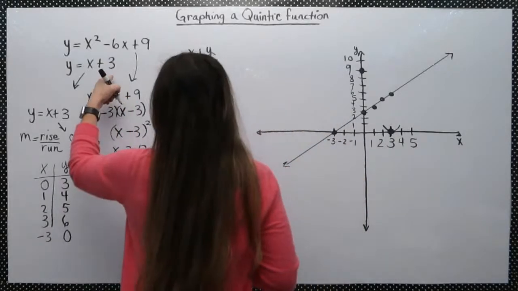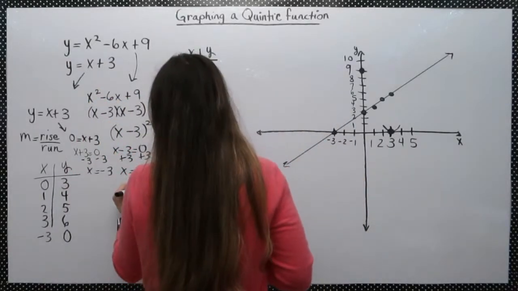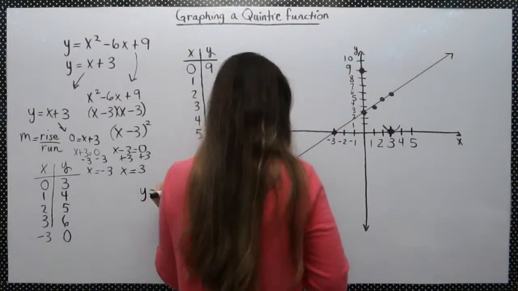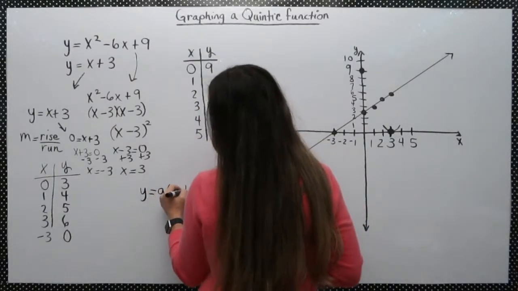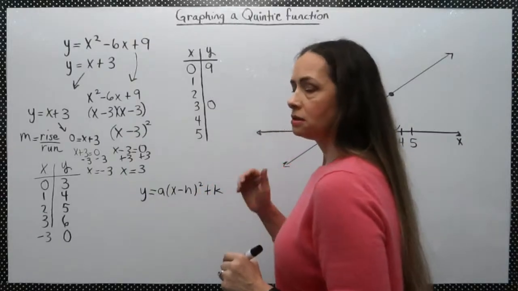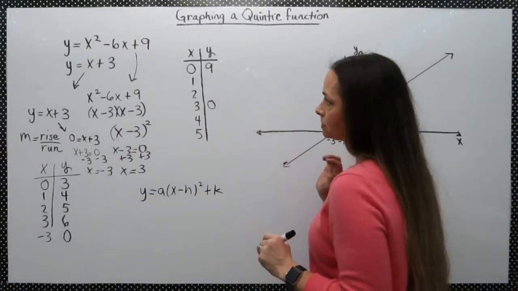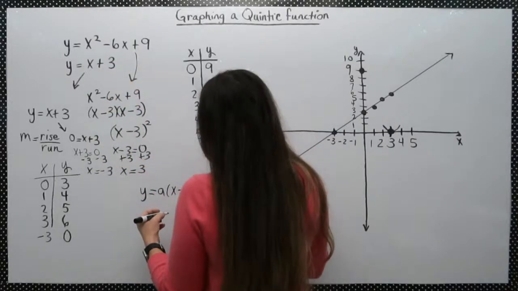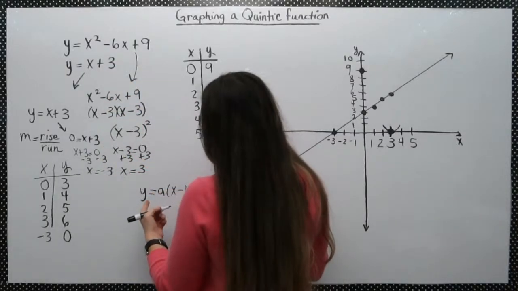Because this is already in vertex form. So vertex form, y equals a times (x minus h) squared plus k. So we have that vertex form. Since this is already a perfect square, that puts k at 0.